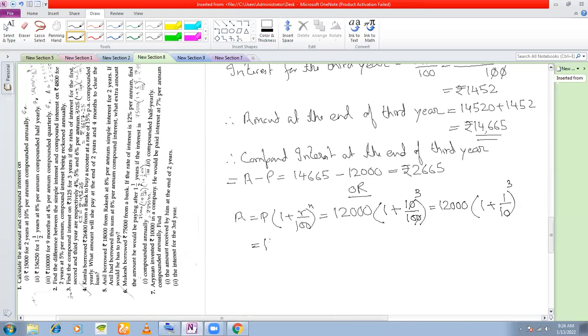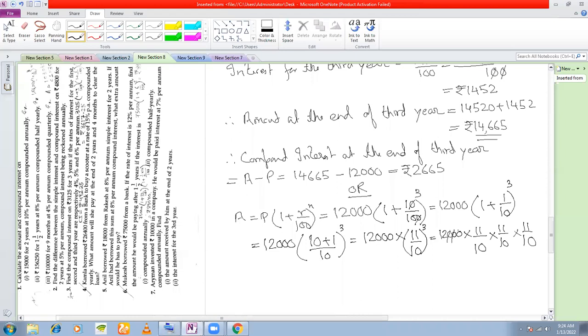Now you take the LCM within the bracket. You get 12,000 into 11 by 10 cube, which means 11 by 10 multiplied thrice, right?